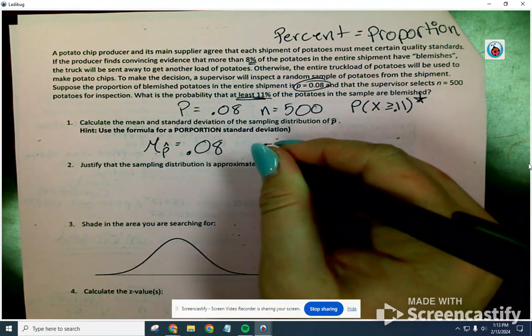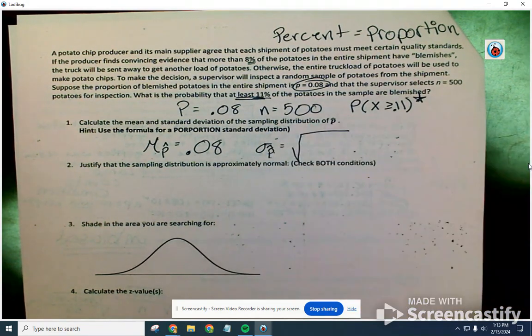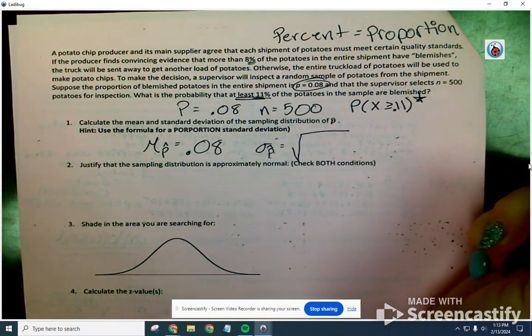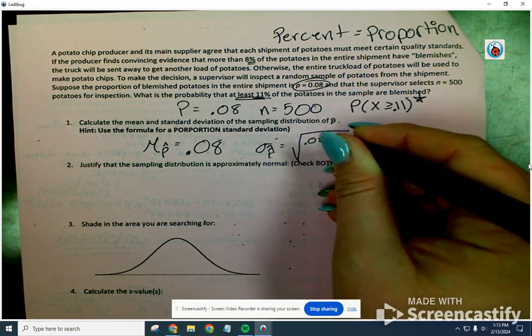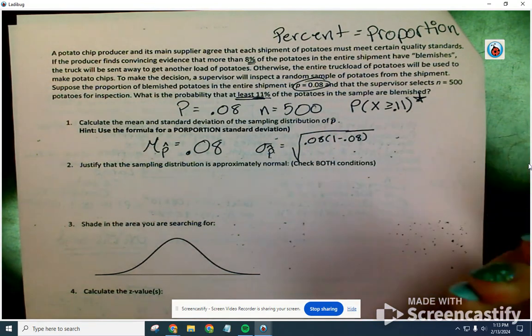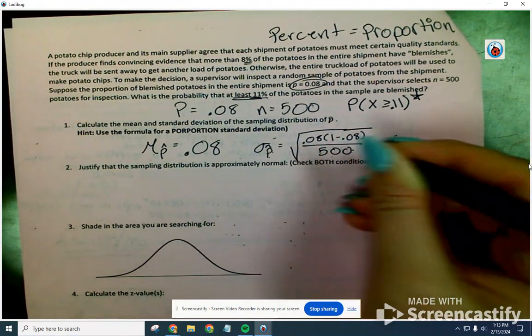The standard deviation for the sampling distribution is going to be equal to the square root of p times 1 minus p, divided by n. We're going to be using that formula. And in that formula, we know that p is 0.08 times 1 minus 0.08. Oh, got to make sure it stays underneath the square root. Divided by our sample size of 500.